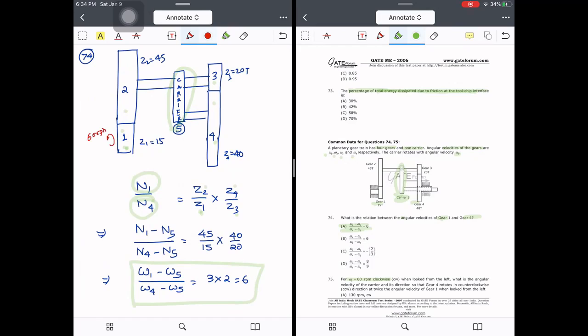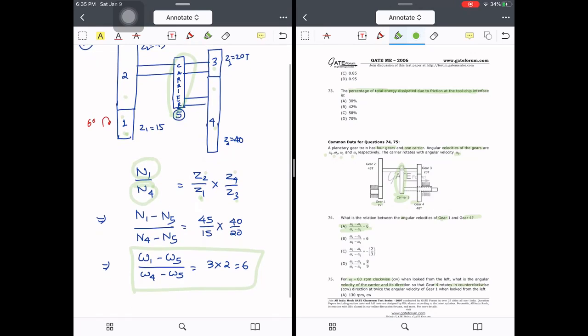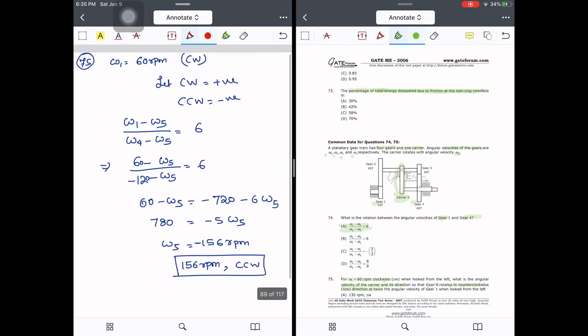Now question number 75. If omega 1 is rotating at 60 rpm in a clockwise sense when looked from the left, what is the angular velocity of the carrier and its direction so that gear 4 rotates in the counterclockwise direction at twice the angular velocity of gear 1?